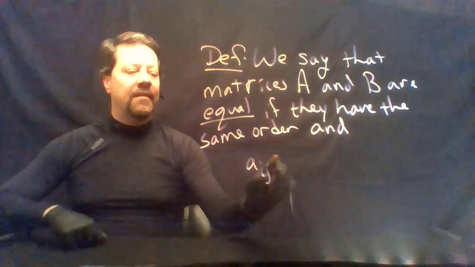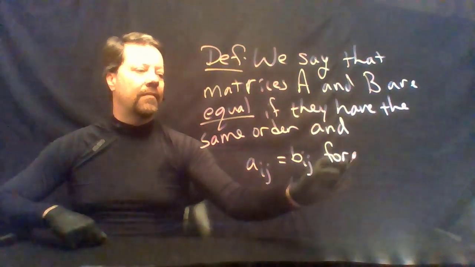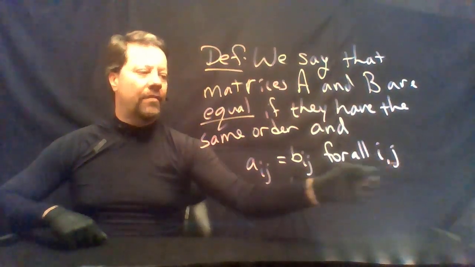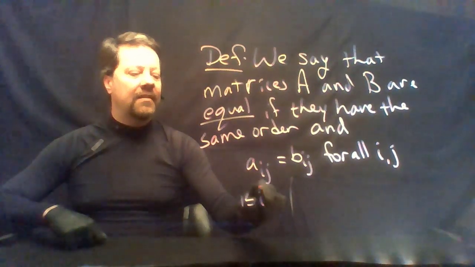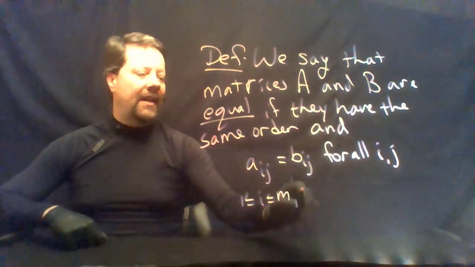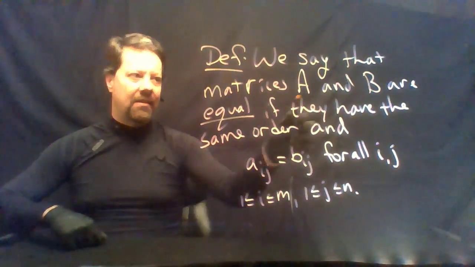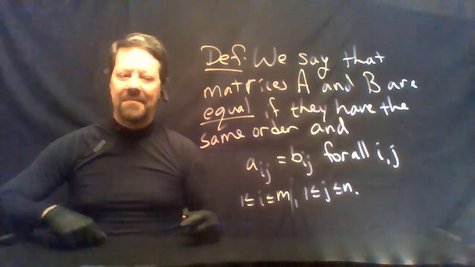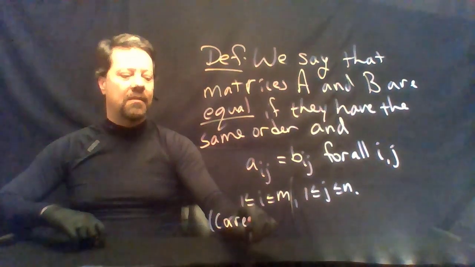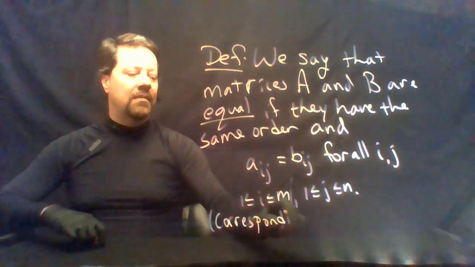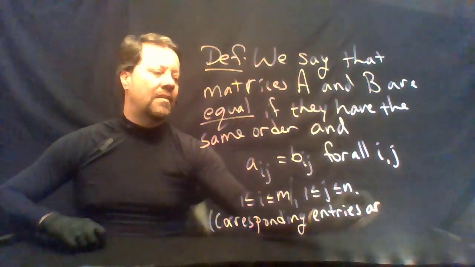And the entries must be equal for all relevant i and j's. In this case, we're assuming i goes between 1 and m, and j goes between 1 and n, if these are m by n matrices. So in other words, we say that corresponding entries are equal.